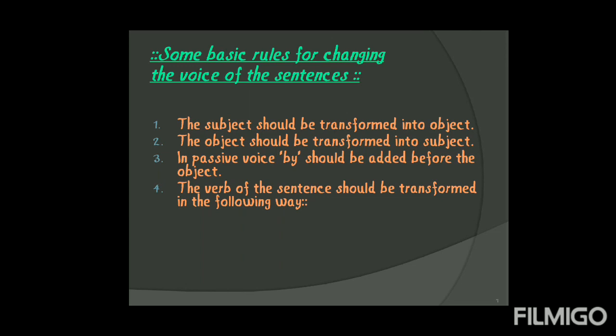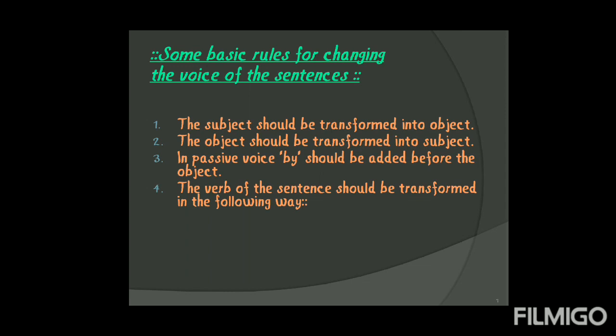So, here we will learn some basic rules for changing the voice of a sentence. As you know, we can change active voice into passive and passive into active. So what would we do for the change of voice? The first point: the subject should be transformed into the object and the object should be transformed into the subject.